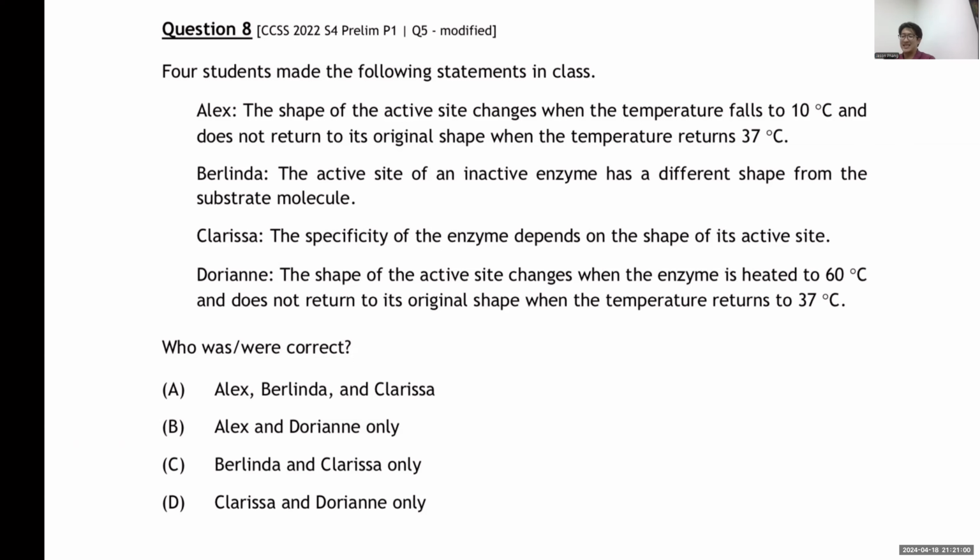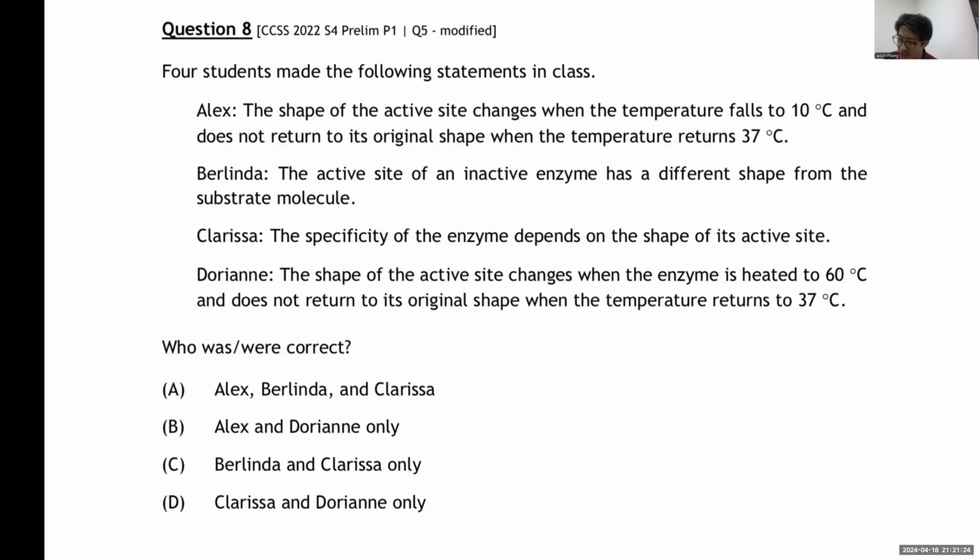Michelle, why is Alex incorrect? Wrong word. Not out, but above.